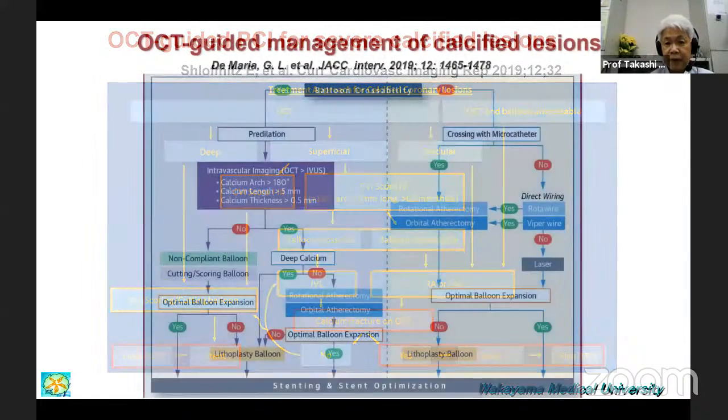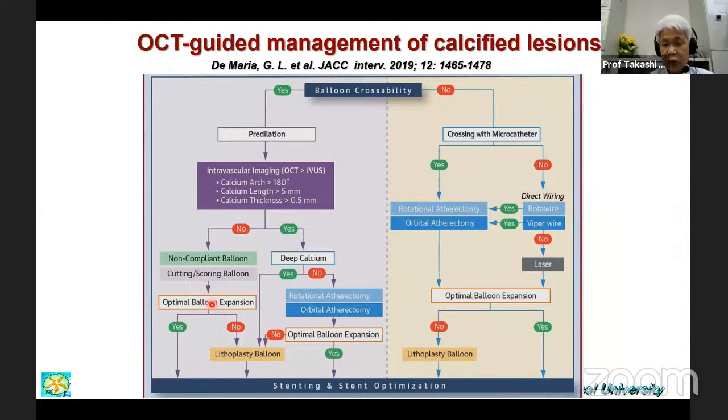But if the OCT does not cross, it is important to follow this recommendation. We have to check the balloon crossability. If not, we try to do the microcatheter crossing, and if it crosses, we can use the rotablator or orbital after changing the wire.